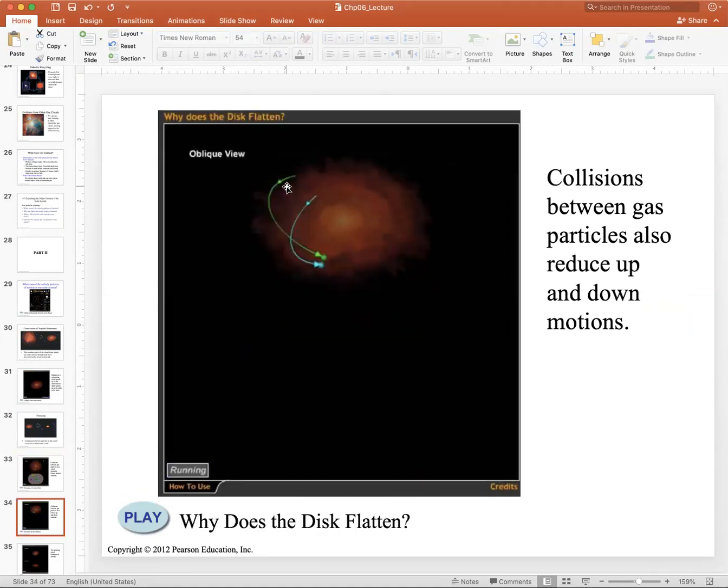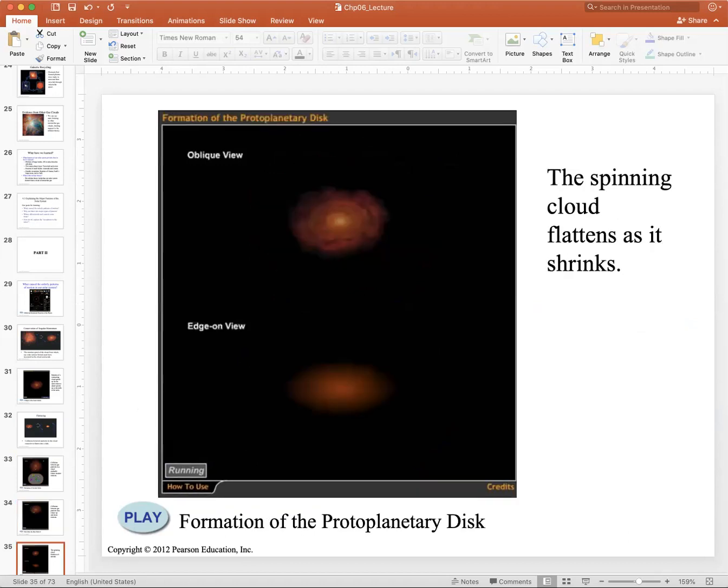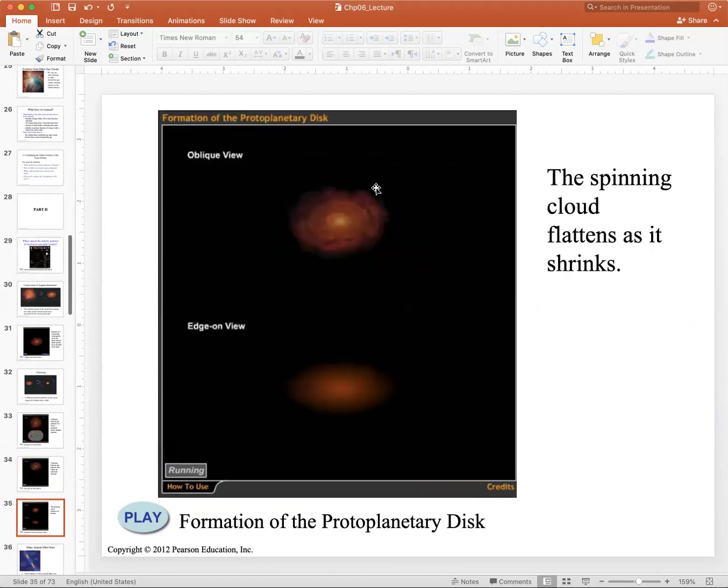So two particles moving with different velocities, in different portions of the disk, collided with one another and they started to move in the same direction, pretty close to one another. So that's why the disk gets flattened and also gets thinner at the same time. So again, I'll show all of these to you in a little bit.